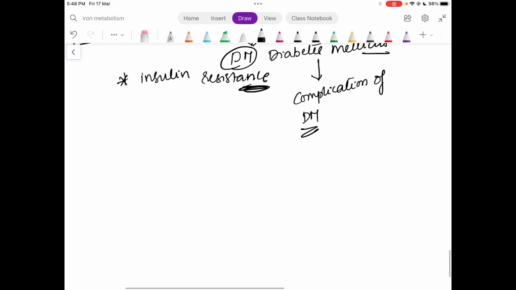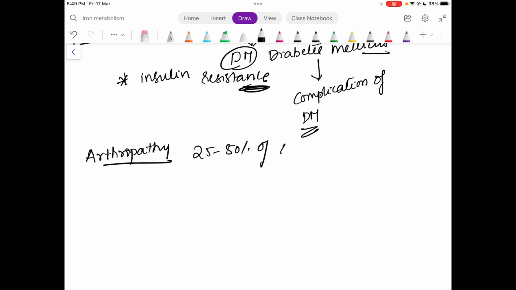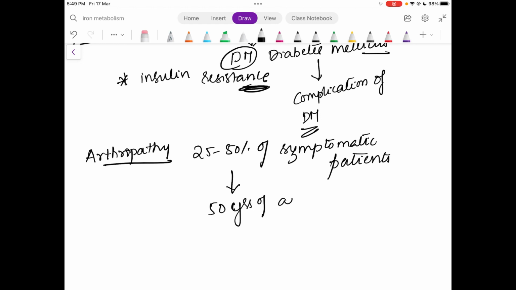Next symptom is arthropathy. It is seen in 25 to 50% of symptomatic patients. It occurs after 50 years of age.